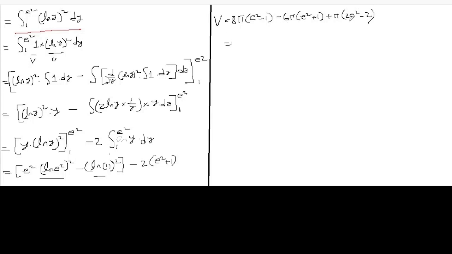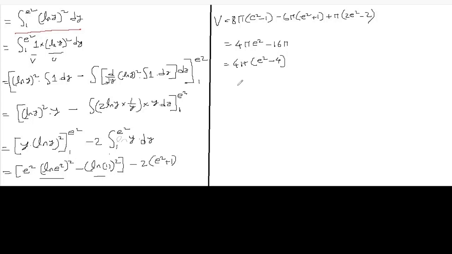Now we need to simply calculate all of them, like 8 pi e square minus 6 pi e square plus 2 pi e square gives us 4 pi e square, whereas minus 8 pi minus 6 pi minus 2 pi gives us minus 16 pi, which in other words can be written as 4 pi into e square minus 4.